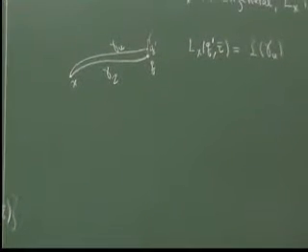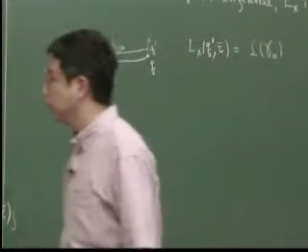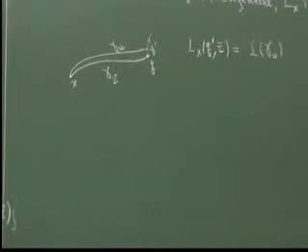Then to compute the gradient of this, I just compute the variation of this A length. And now remember, I have a family of A-geodesics, so this term is gone.